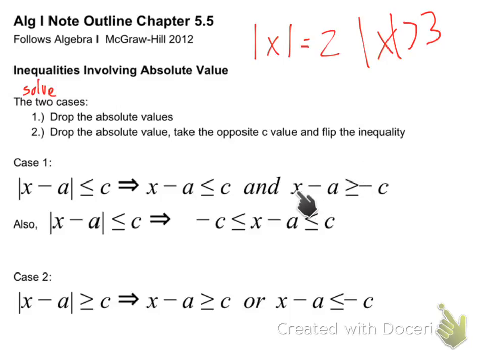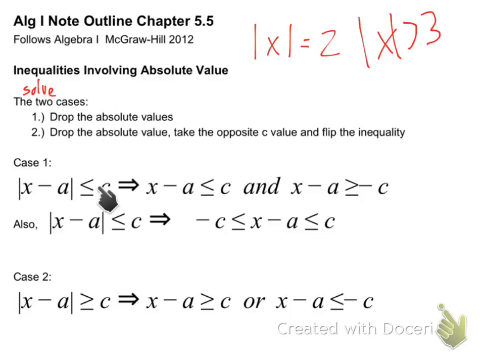So therefore, you keep the stuff that's inside, x minus a, switch the sign, and make it the c value, opposite value. Flip the sign, opposite c. This will give you both sides, or both cases, that make it true. And here's the thing. Because it's a less than problem, it's an and. You're looking for where these things overlap.